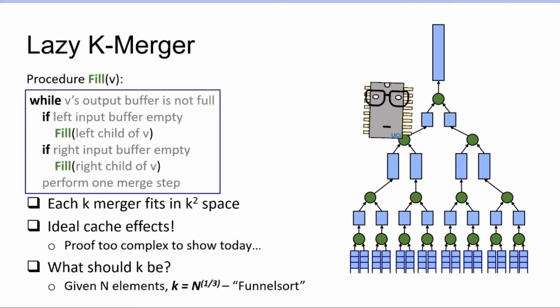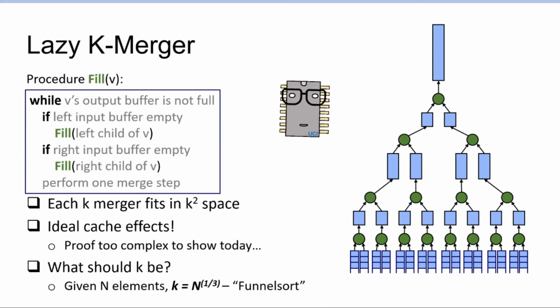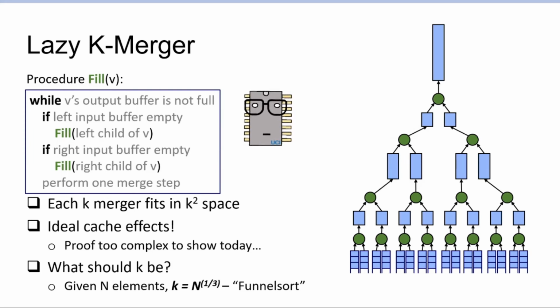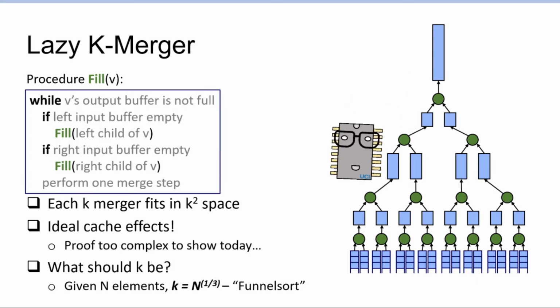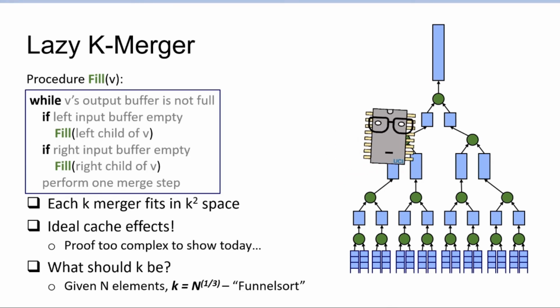The top level merger, the biggest, exposes a method called fill. When fill is called, while the output buffer is not full, we loop: if the left input buffer is empty, we call fill of the left child, so we want this to be completely full before we do anything.